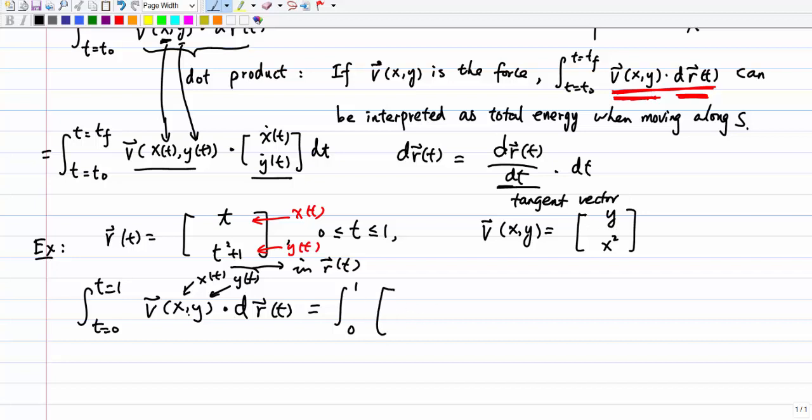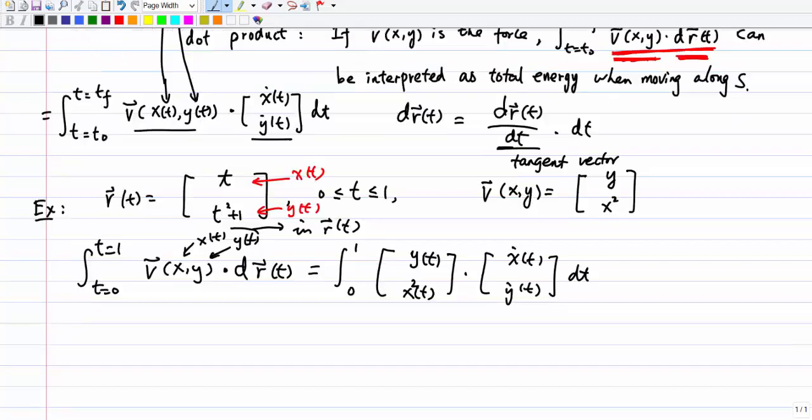So V(x, y) is (y, x squared). Y is y(t), and this is x(t) squared, times dr_t with the dot product. dr_t is r dot t, which is (x dot t, y dot t) dt.